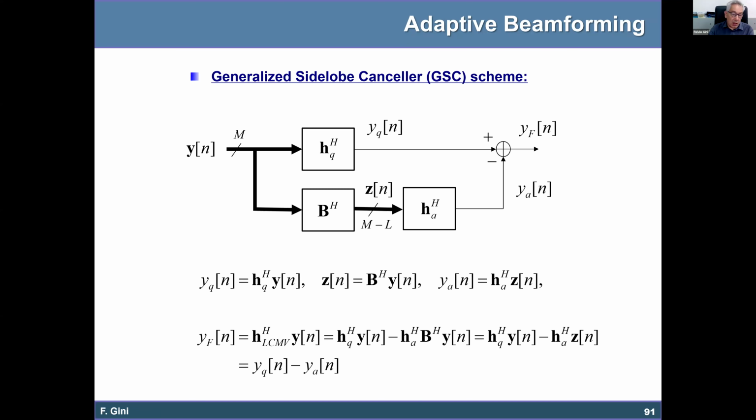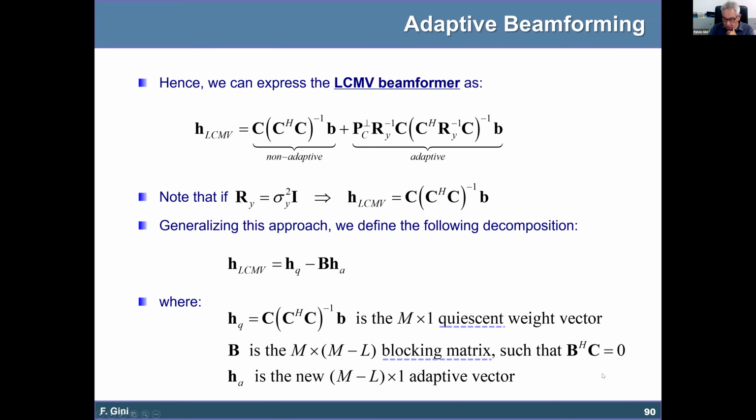Now, basically, what is the interpretation of this scheme? The interpretation of this scheme is the following. B is what is called blocking matrix. So, in other words, it has this property.